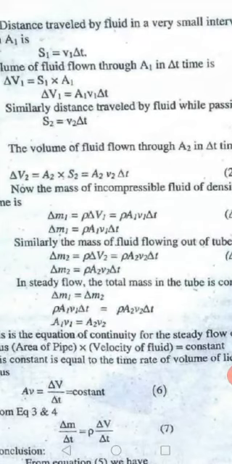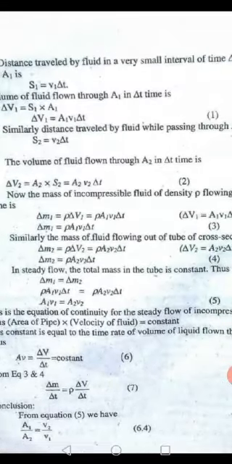Now let us introduce one more important feature. If we want to understand what mass flux is, we divide delta M1 by delta T and delta M2 by delta T, which gives the mass flux.